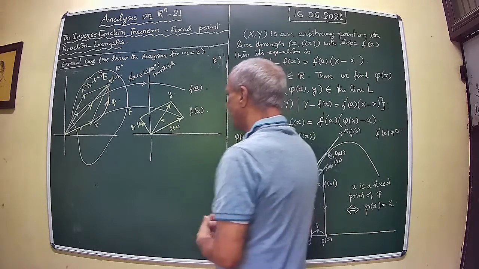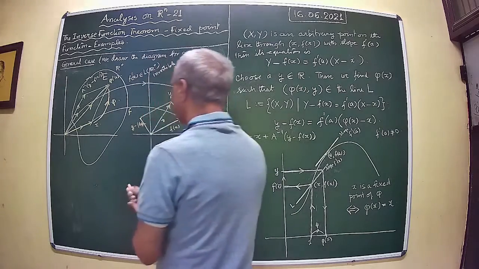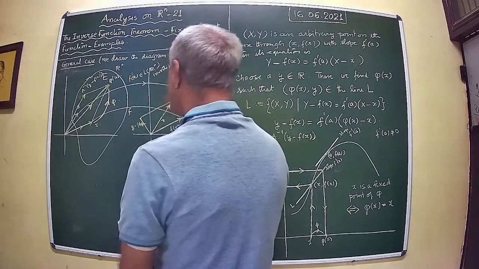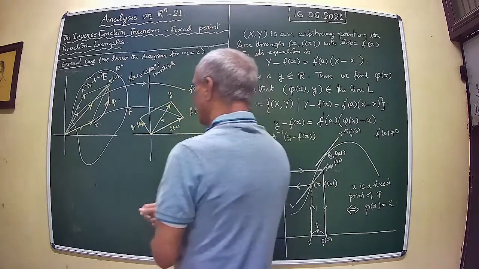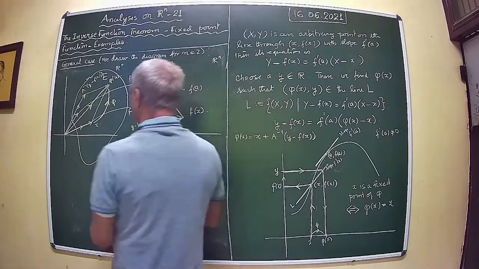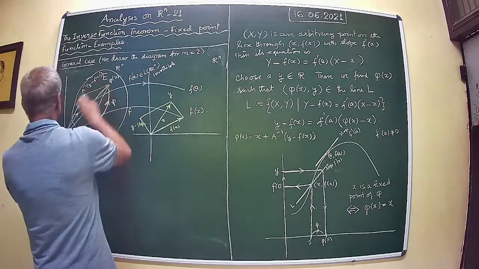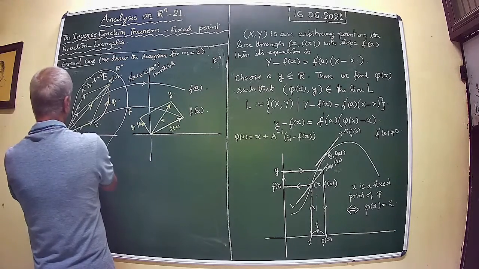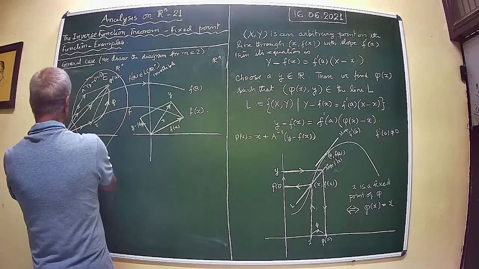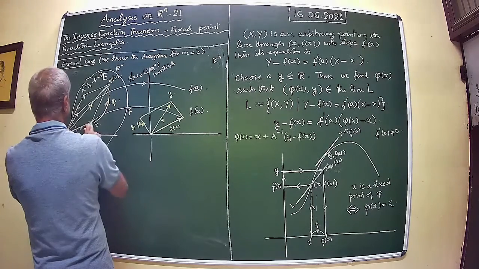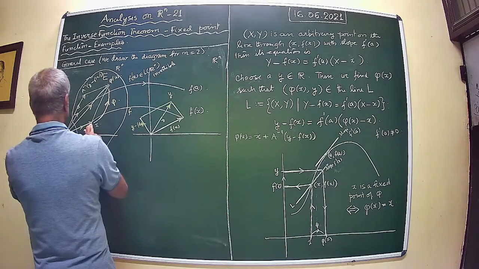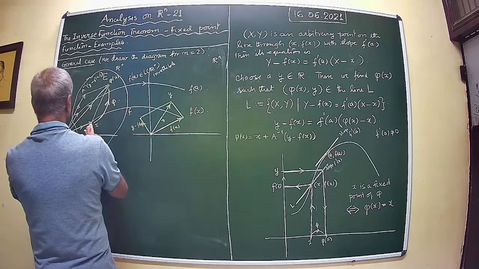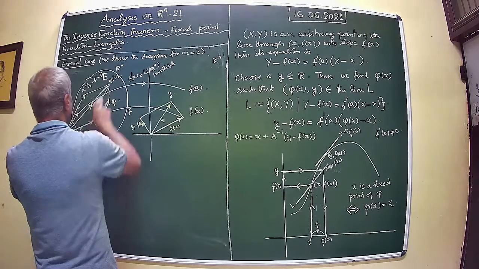In that case the image A inverse of y minus fx will become 0, and 0 plus x will be phi x.